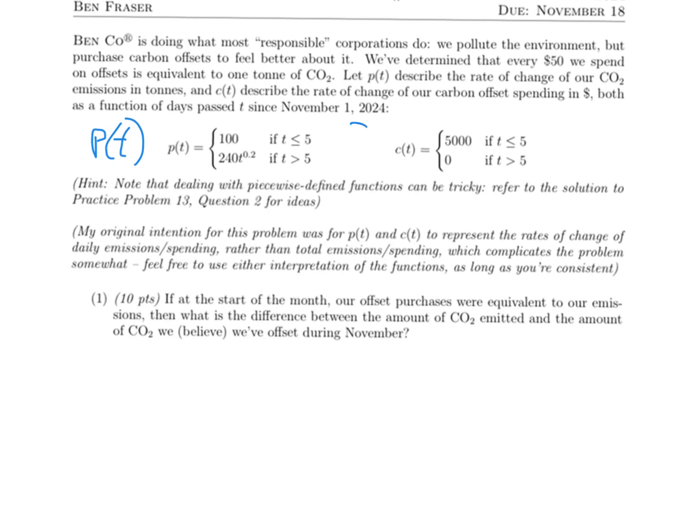And so here again, if we integrate C of T, because that's the derivative, the rate of change of the carbon spending, then we would get the amount of carbon spending as a function of T, which is days in the month, okay? So that's something that we need to understand right from the beginning.